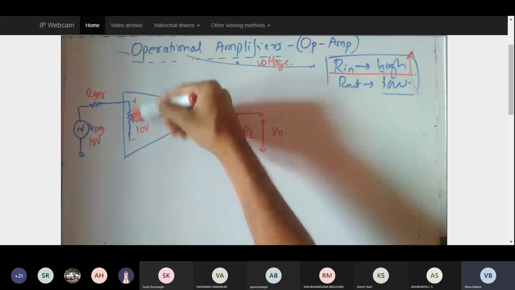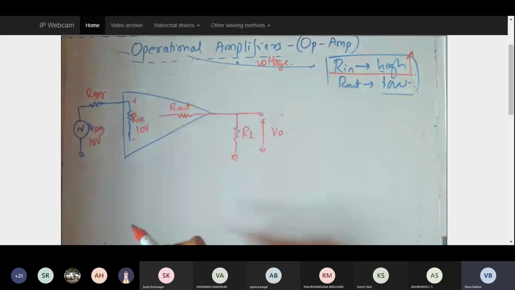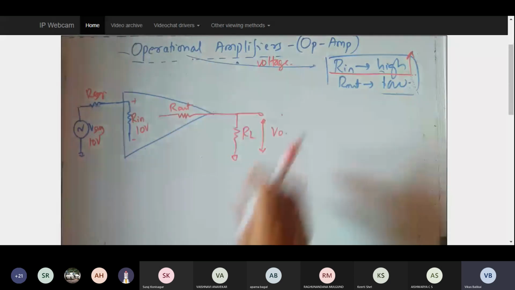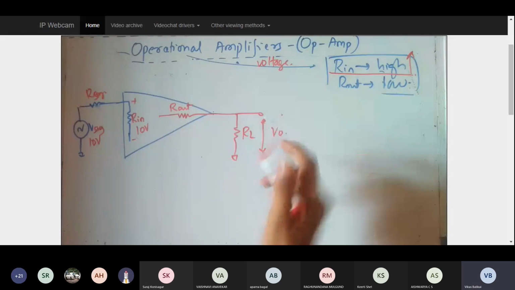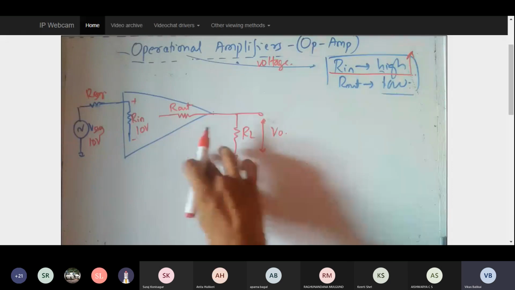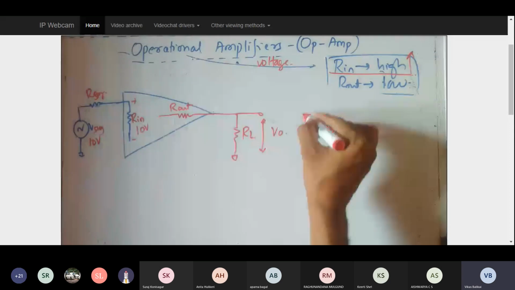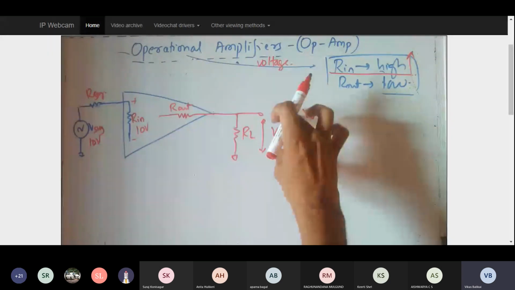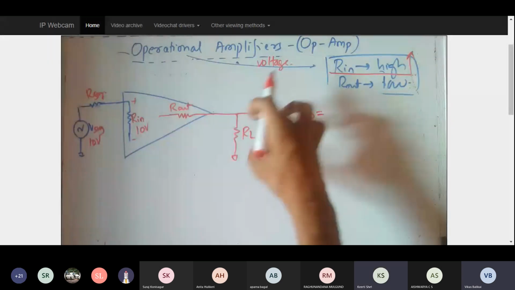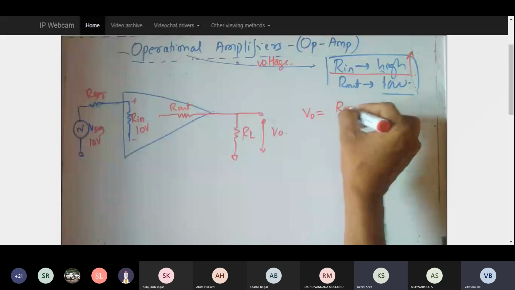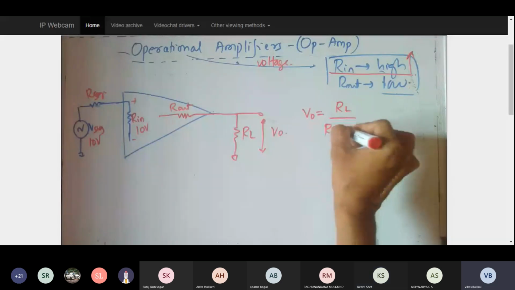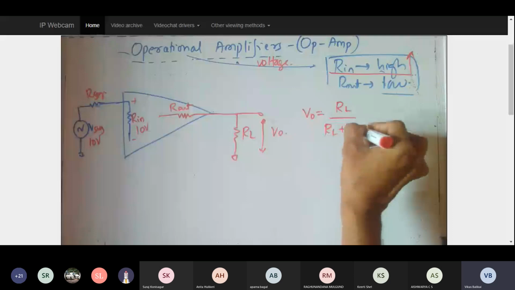Now let us try to understand what will be the voltage across the load resistance. Because I'm interested in output resistance over here, can you tell me what the voltage division rule is? V naught, how do I calculate? Which resistance should I consider in the numerator? RL. RL divided by RL plus Rout multiplied by what voltage?